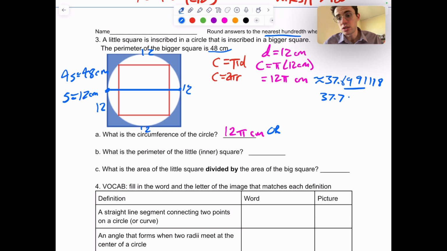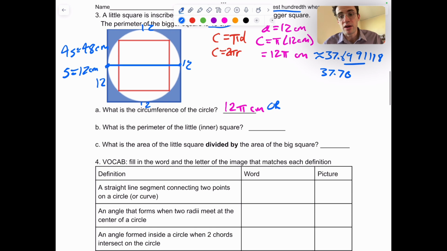But technically, you should still keep it to the hundredths place, even if it's a 0, because that's still a rounded value, right? It's not exactly 37.7. So you could say 37.70, again, keep your units, it's centimeters. Now we don't do centimeters squared because the circumference is just a distance around. So either of those answers would be acceptable. This one would be the exact answer. This is the rounded answer.